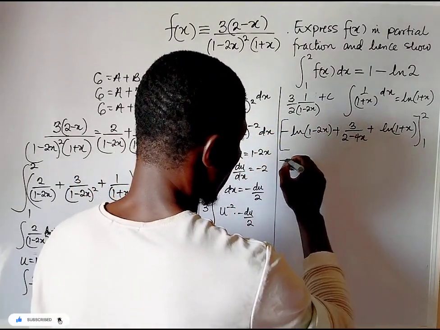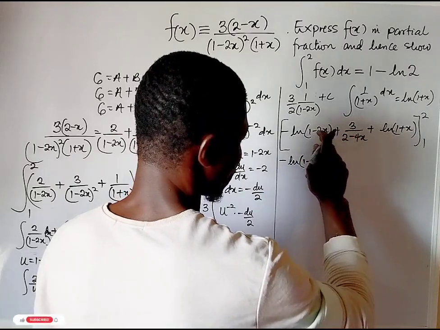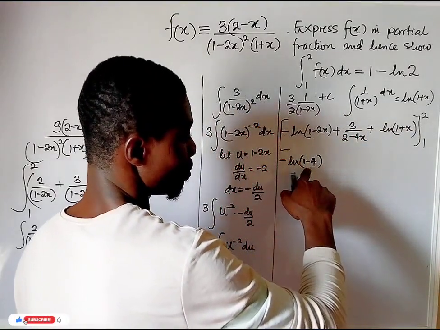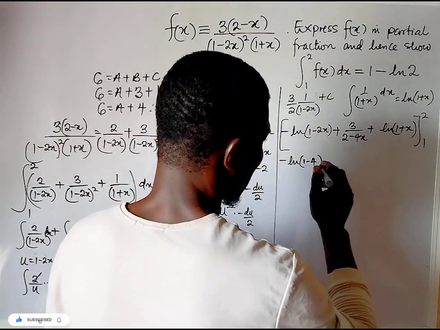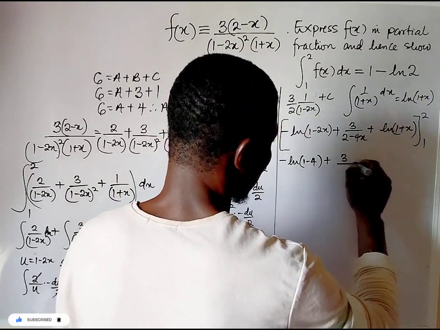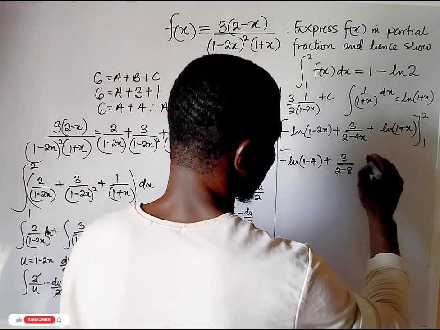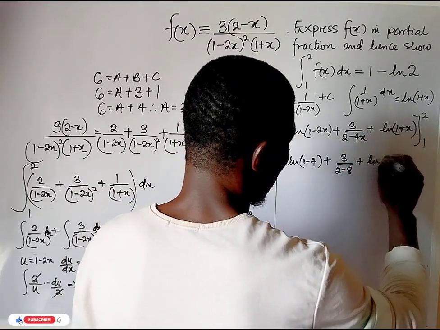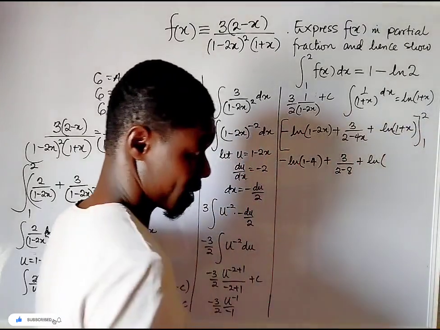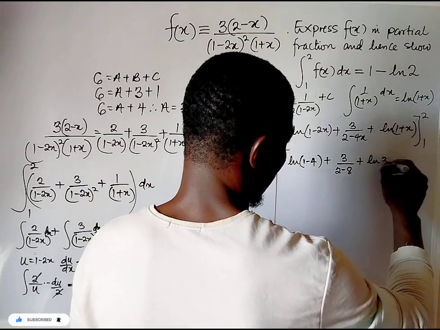So here you have minus ln of 1 minus, for 2 here we have 4. Now take note, we'll be taking the absolute value. Then plus 3 all over 2 minus 8, then plus ln of 1 plus 2, that will be 3.